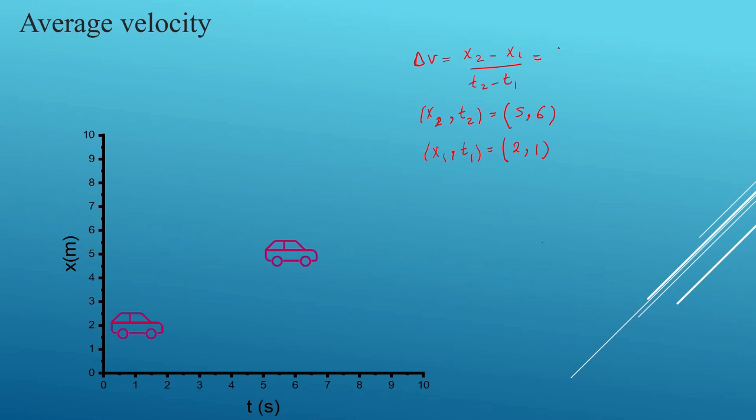So it's going to be 5 minus 2, right? And then 6 minus 1, which is equal to 3 divided by 5, right? So my average velocity is not going to be 0 at this point.